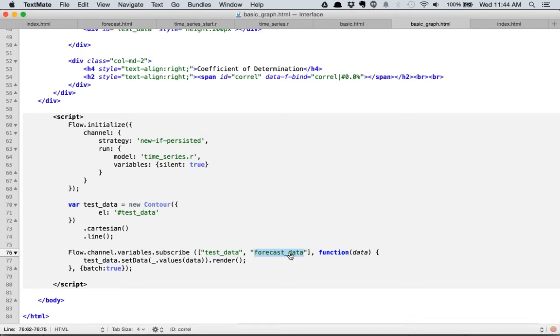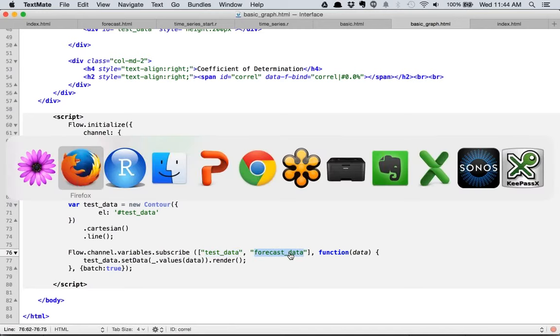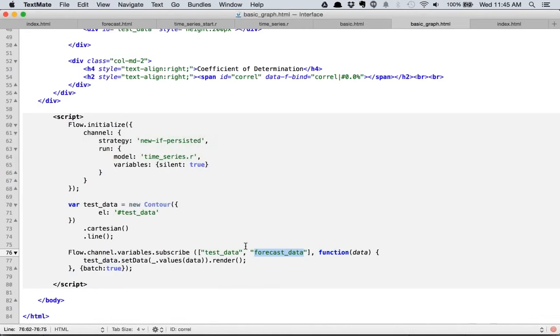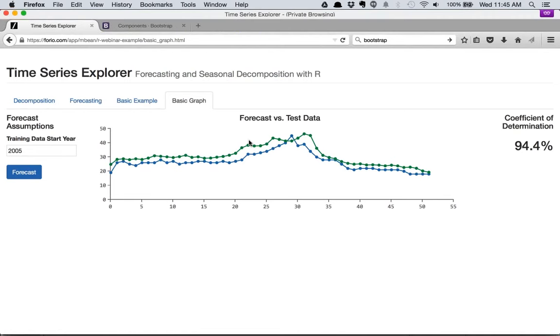In this case, I want to plot test data and forecast data. Those are coming from my R model here. So here you can see test data as one of my variables and forecast data as the other one. And those are what I'm going to be showing. And then I just say, for test data, for that div chart, render those values. And that's it. If you do those two things, in this little bit of code, you can get this chart to come out here, and it'll look just like what I've shown here.